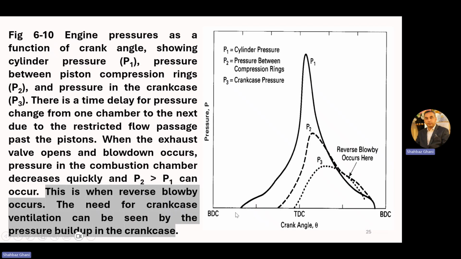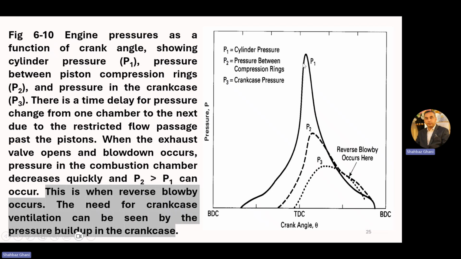The piston is moving up and compressing the air-fuel mixture. The pressure is rising, so P1 is rising, P2 is rising, P3 is rising. Now at TDC, you have the combustion, the power stroke starts, and the piston starts moving towards BDC.